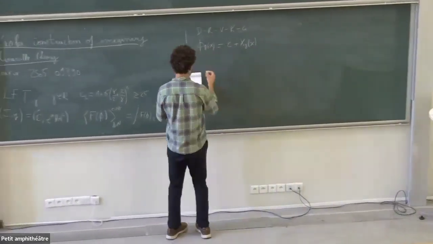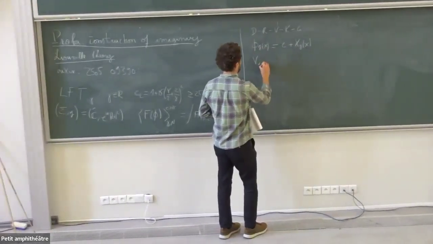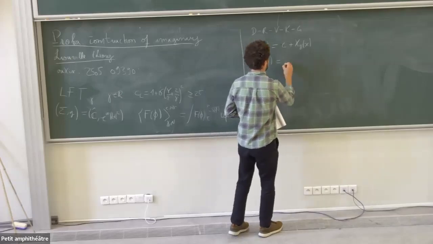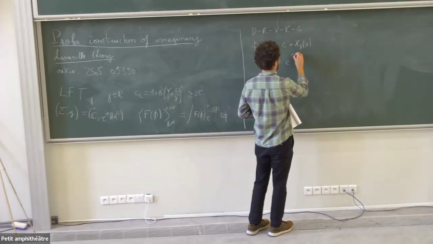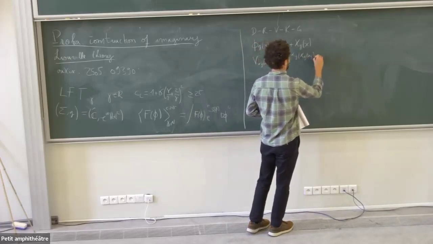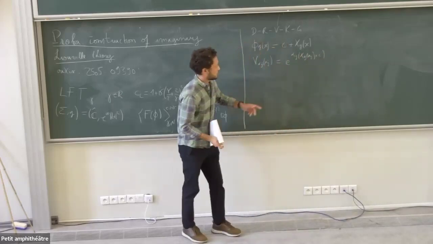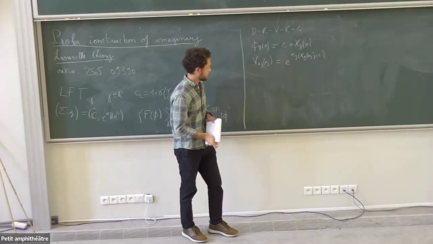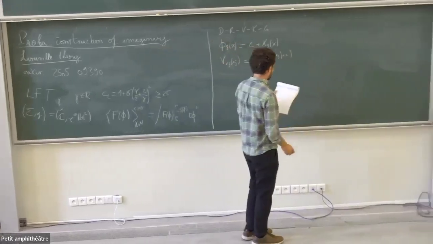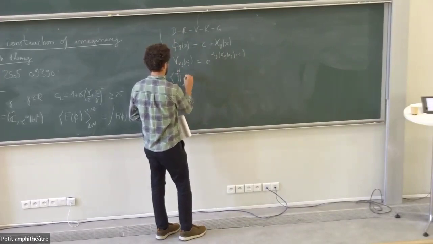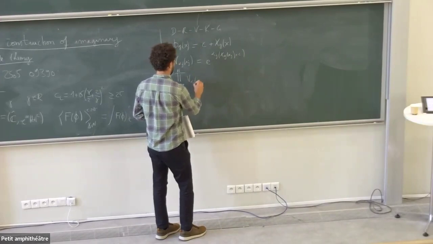The vertex operators are evaluated on points x_j, and they are defined as the exponential of the field. As we saw, this is under a regularization procedure, but I don't want to get into this. And then the averages I was mentioning are simply the product of vertex operators.